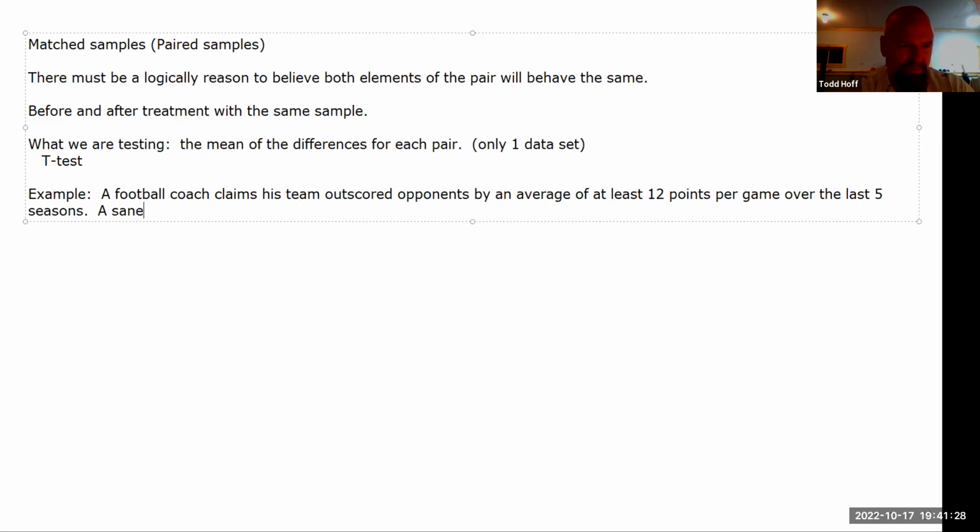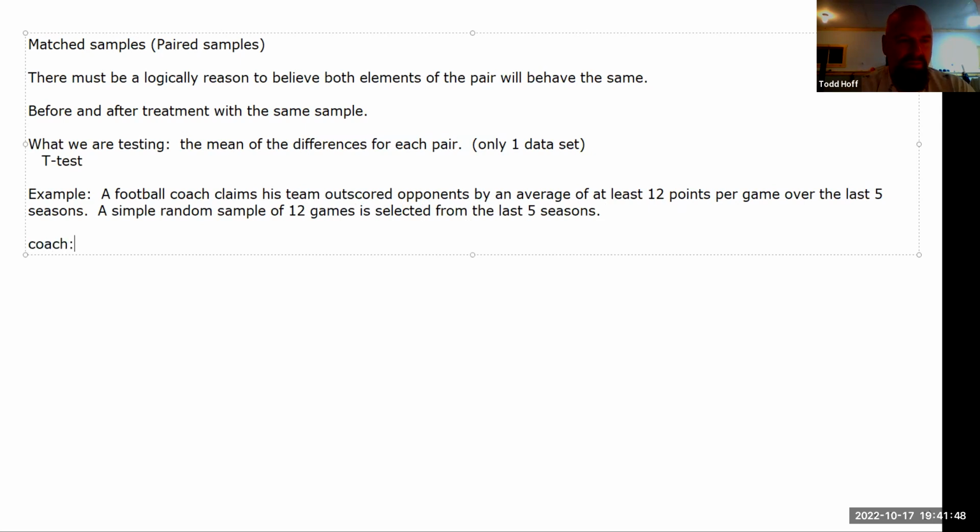A random sample of, what am I going to say, 12 games is selected from the last 5 seasons. The scores are given as the coach's team and the other.